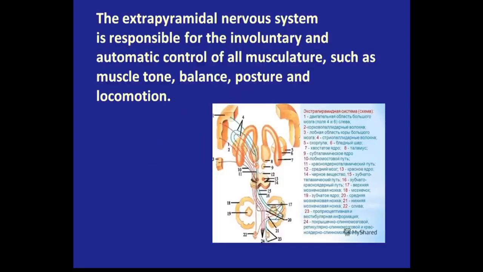Good morning, dear friends. The topic of our today's lecture is the extrapyramidal nervous system. The extrapyramidal nervous system is responsible for the involuntary and automatic control of all musculature, such as muscle tone, balance, posture, and locomotion.